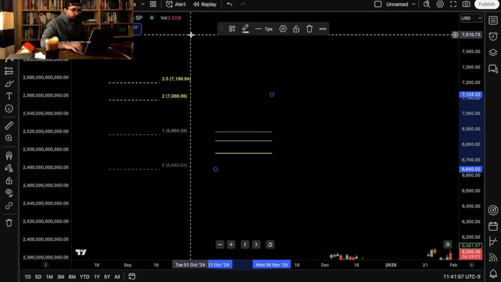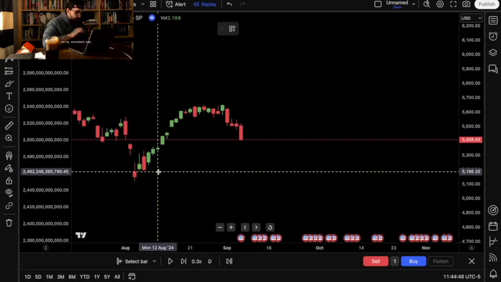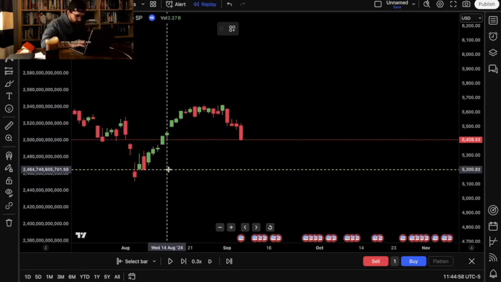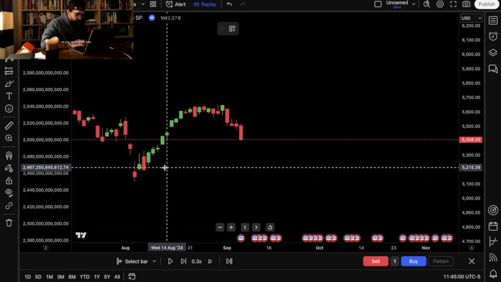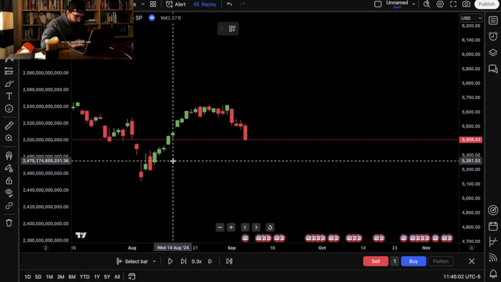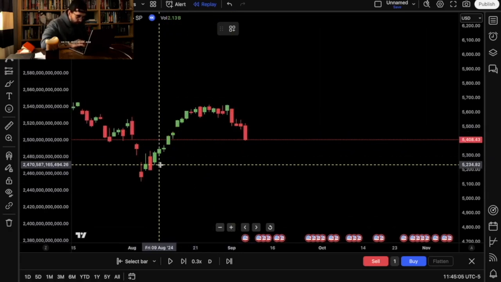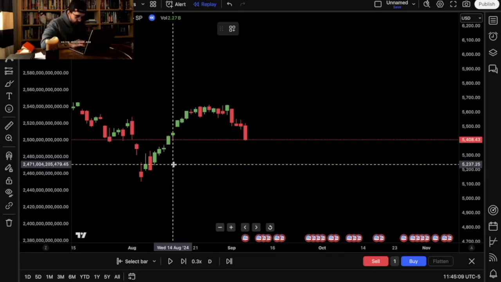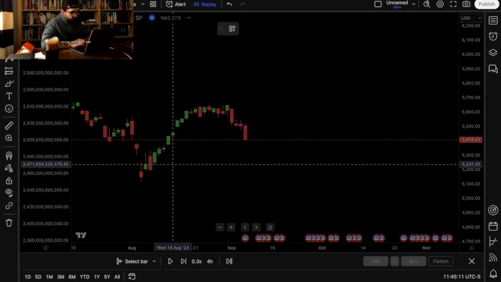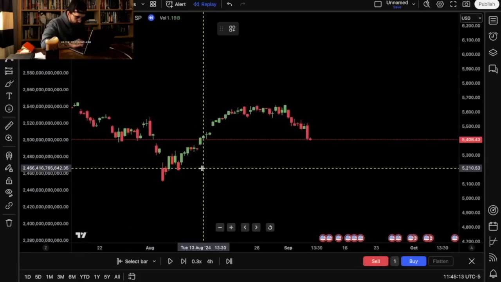All right, now we can go through some application, and I can show you guys how to apply it for accurate levels. So the best way we can go about this is going from either swing high to swing low or swing low to swing high, depending on whether you're looking to long or short. All right, so in this case right here, we'll put the start of it at this swing low. So if we go into a 4 hour, we can see it better.